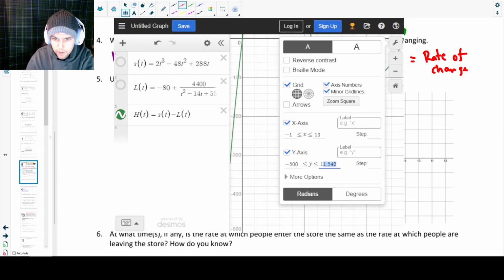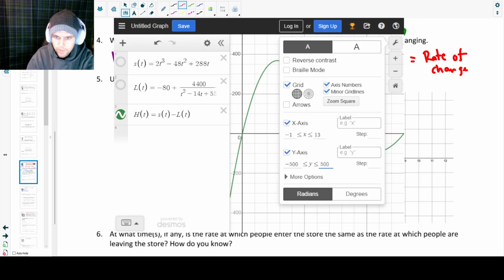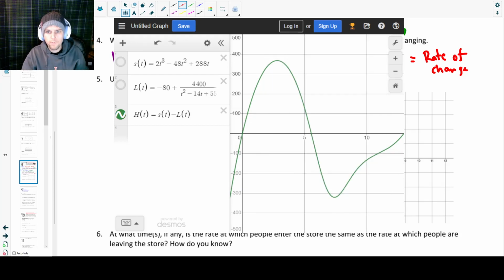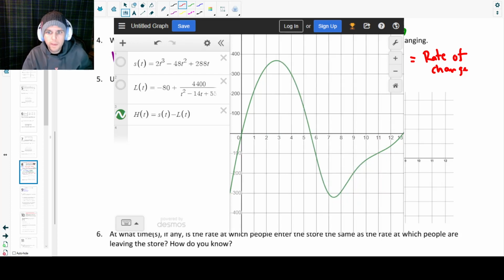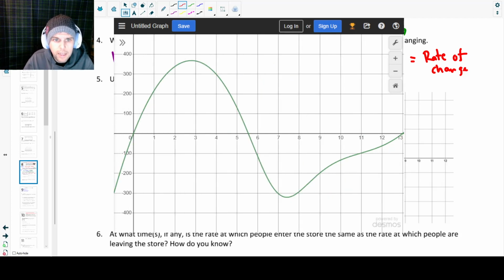Again, I'll overshoot that a little bit and do 500s. And we'll count this by 100 as a default step. I'll get rid of my minor lines. Okay, so let me count those by 1 if we can. Cool. So hopefully we can see here our function that's been graphed, h of t, and here is our function.